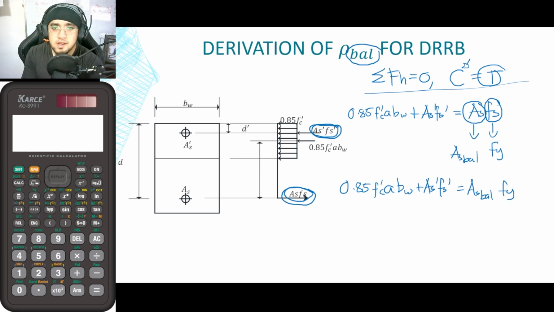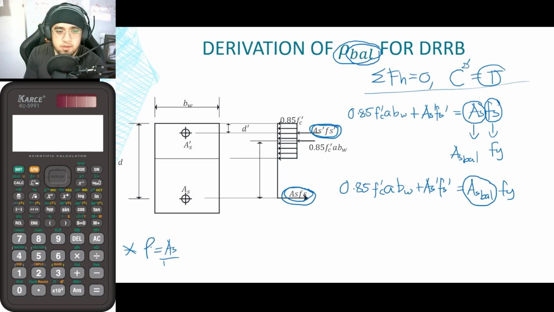Since we are solving for rho balanced, let us change the variable As balanced into its rho balanced counterpart. Since rho is equal to As over bwd, cross-multiplying, As is equal to rho times bw times d.